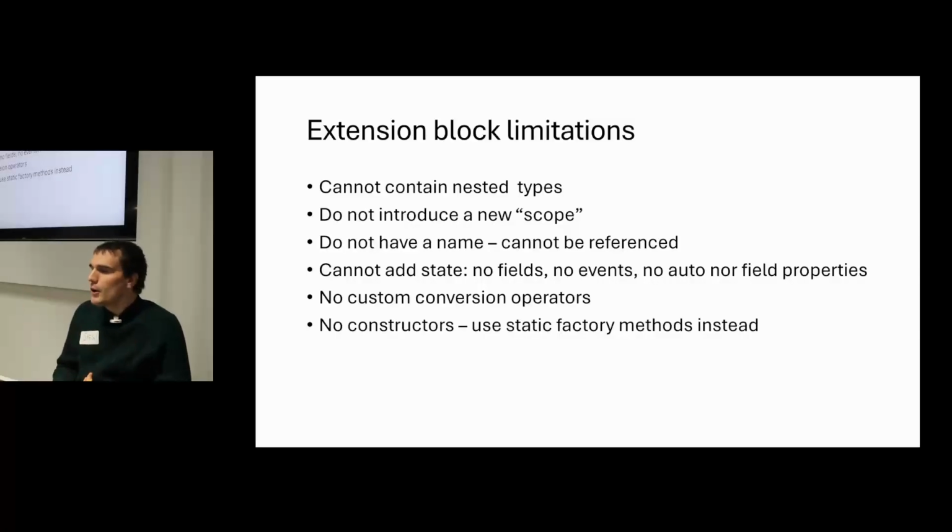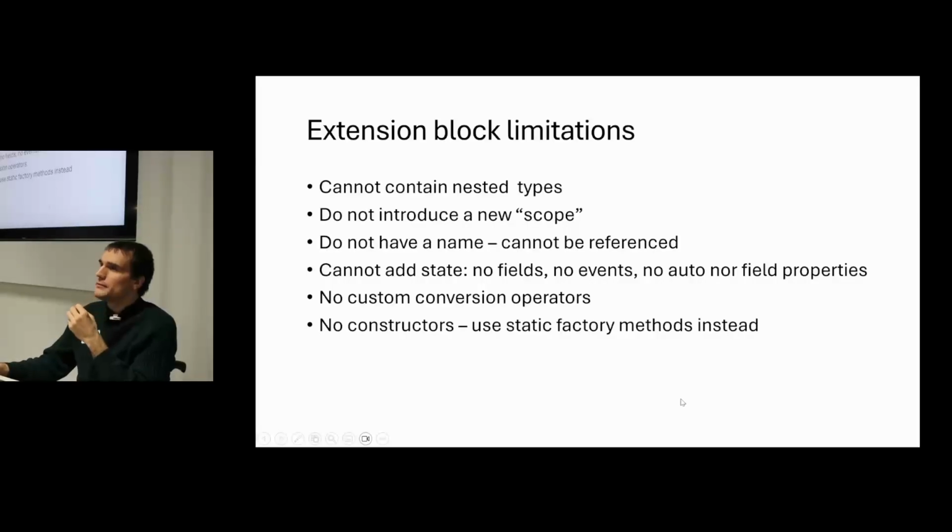So a quick overview of the limitations. In an extension block, you cannot put nested types, and they do not introduce a new scope. I'll explain that in more detail later. And extension blocks don't have a name, so you cannot actually access them.